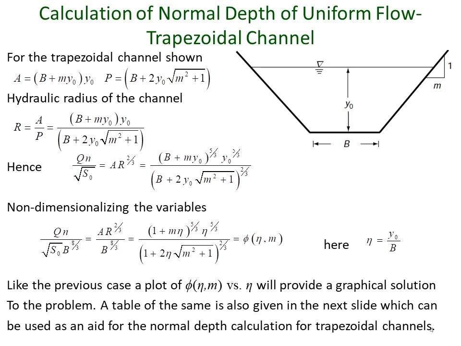So again we non-dimensionalize both the sides of the equation written here, and we get that Qn by root under S naught into B to the power 8 by 3 equals 1 plus m eta to the power 5 by 3 into eta to the power 5 by 3, divided by 1 plus 2 eta into root under m square plus 1 whole raised to the power 2 by 3.